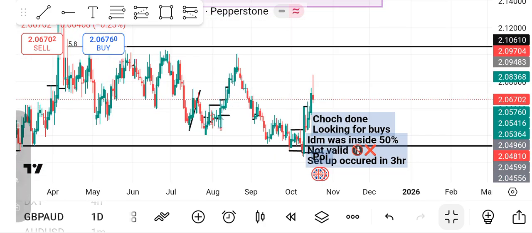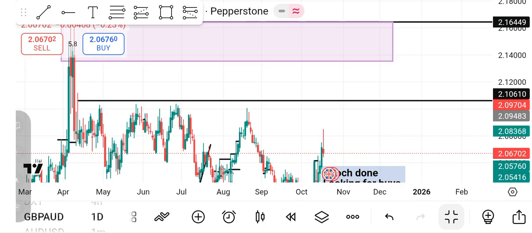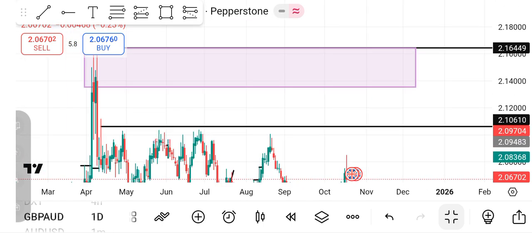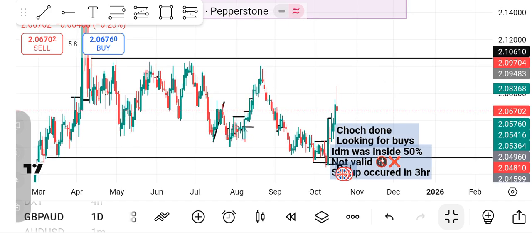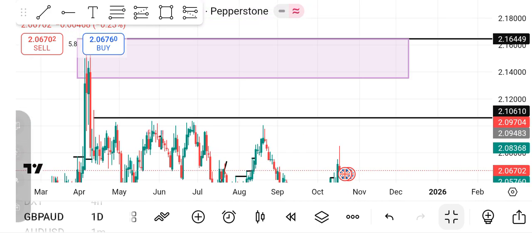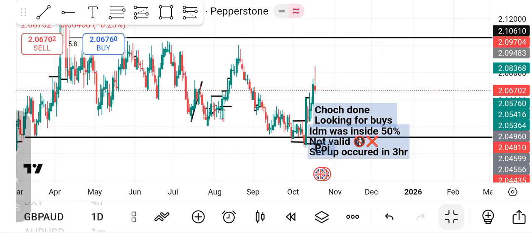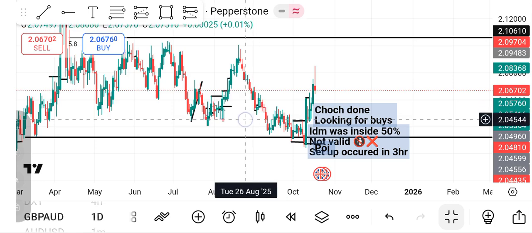Price has come to discount zone. This line I use here is a demarcation for premium and discount zone, right? So here now is the discount zone, whereas here is the premium zone. Okay, now since price has come to the discount zone here, what do I do?